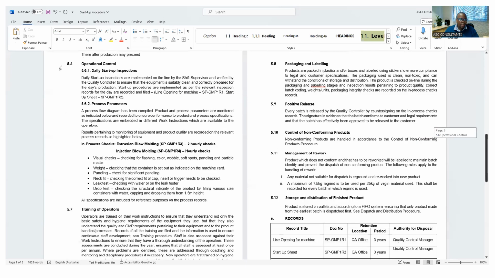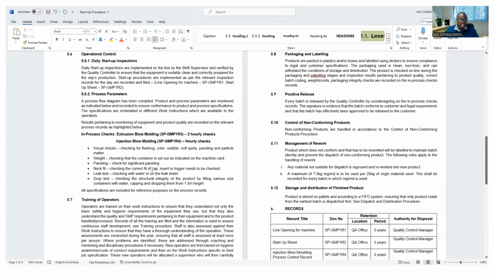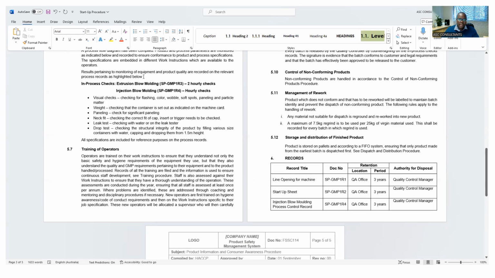It also talks about the operational control, the daily startup procedures, the process parameters. In this case, we have two in-process checks: one is under extrusion blow molding and the other one is under injection blow molding.